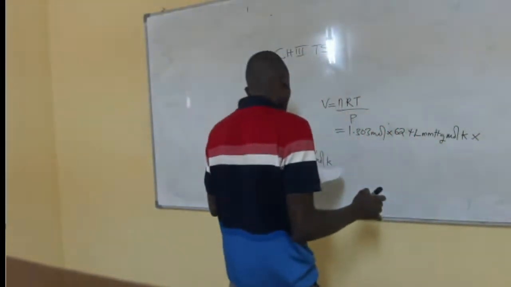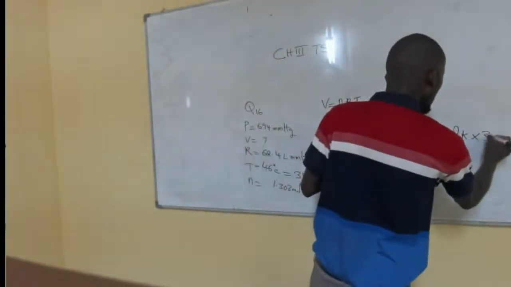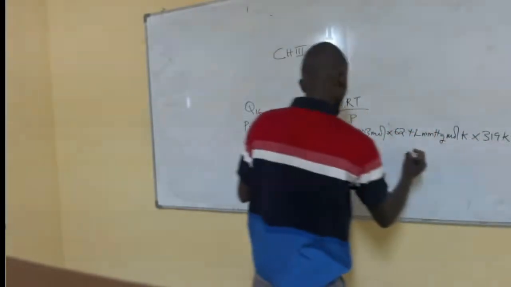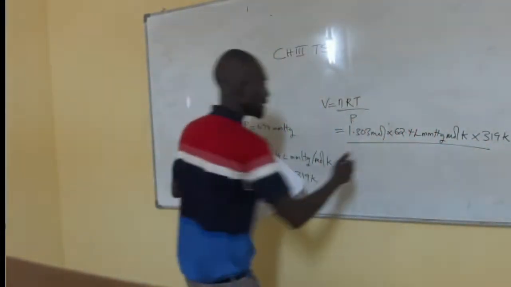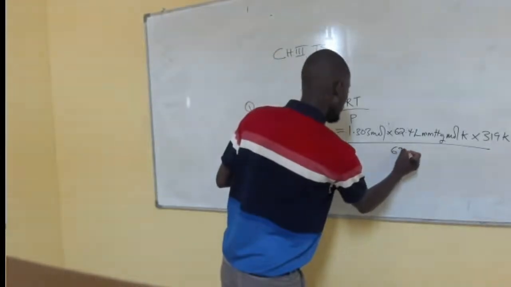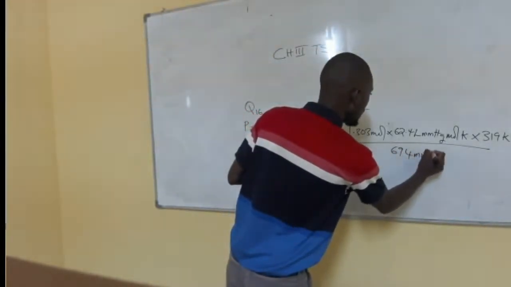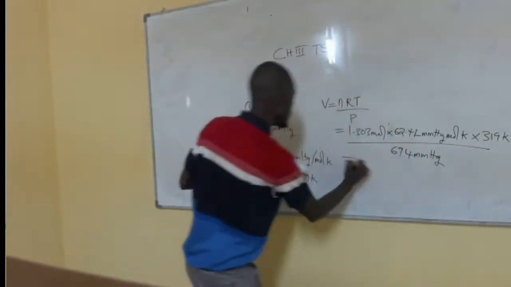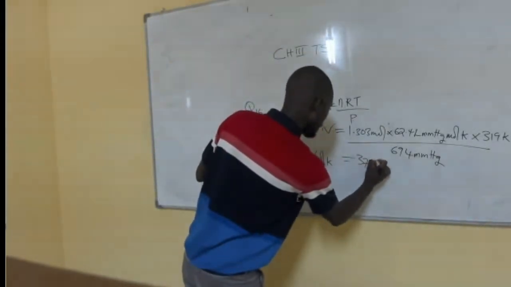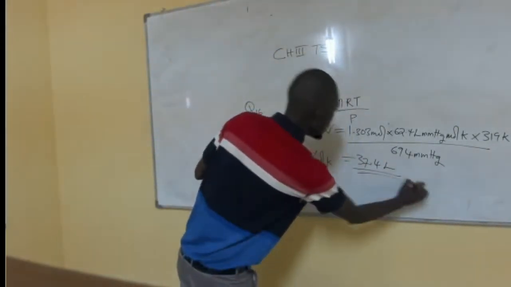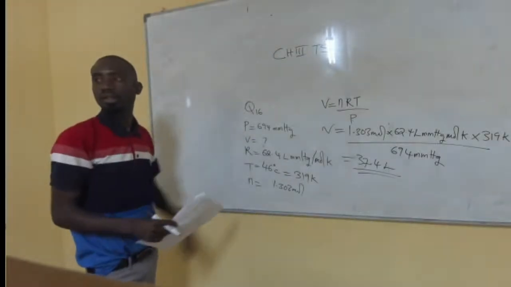Then you substitute 319 K divided by the pressure given, which is 694 millimeters Hg. So of course our volume should be 37.4 liters. Then we are done.